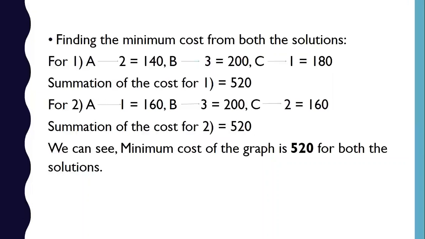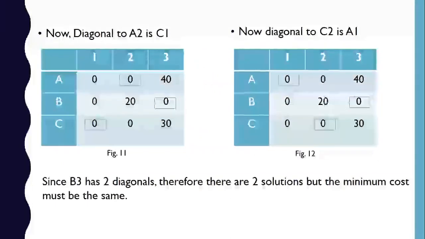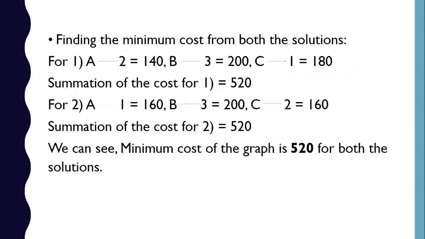From B to 3, it had 200. From C to 1, it had 180. This is when we consider the first solution. These edges, A2, B3, and C1, are the ones marked in boxes in figure 11. When we sum all these edges, we find the total cost to be 520.